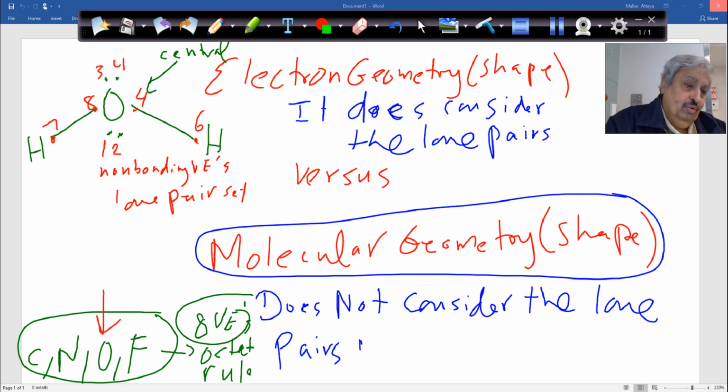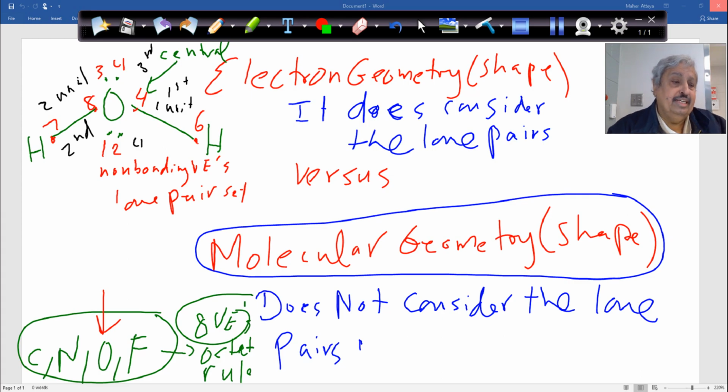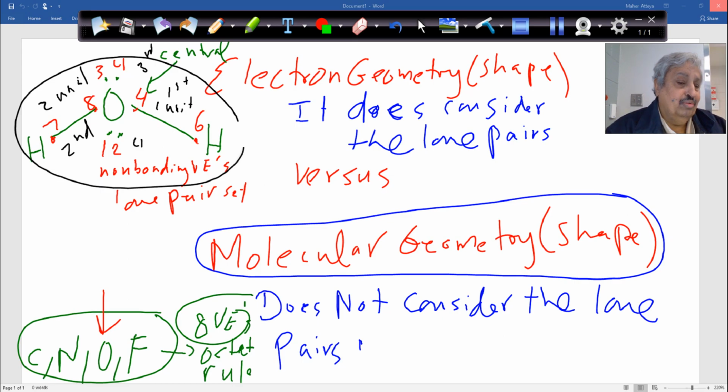So I have 1, this is 1 unit, this is the 2nd unit, that's the 3rd unit, and this is the 4th. So the electron geometry is saying this one has 4 units. With this in mind, they consider what?